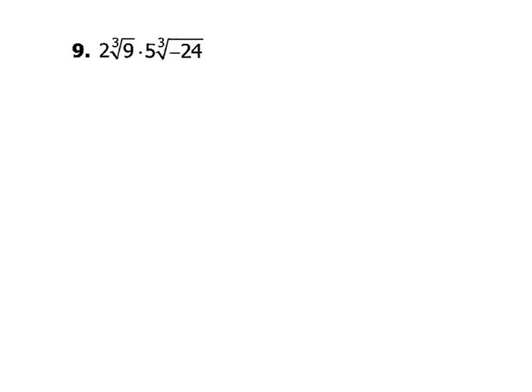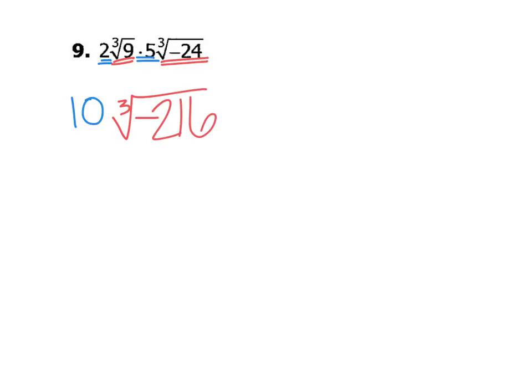All right, number 9. First thing you want to do is multiply the coefficients together. So 2 times 5 is going to give you 10. Then we see that our radicals have the same index. They're both cube roots, so we can multiply the radicands together. 9 times negative 24 is going to give us the cube root of negative 216.